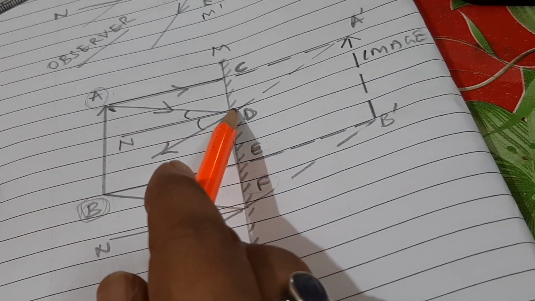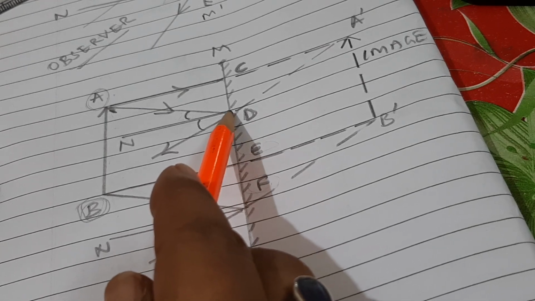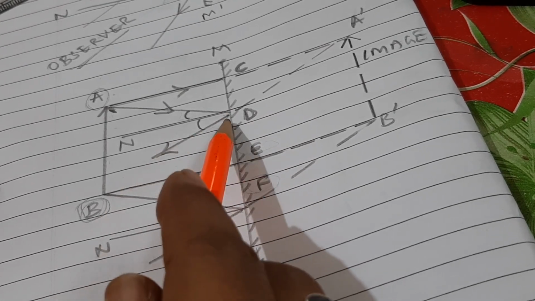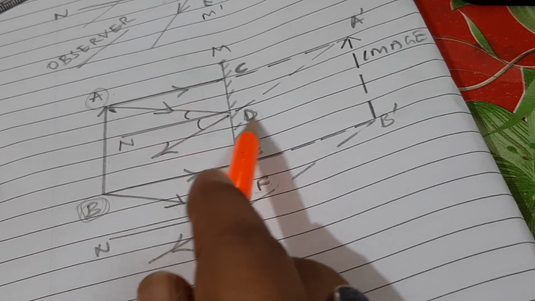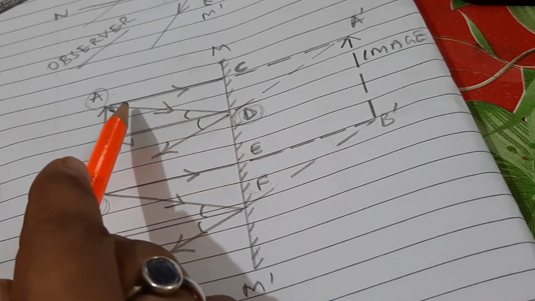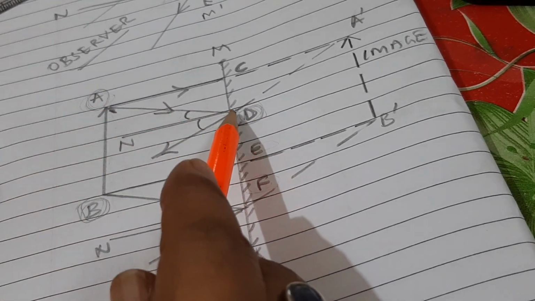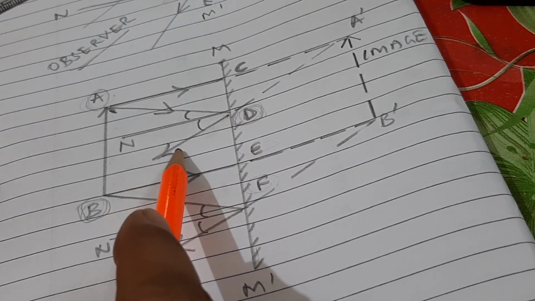We have also shown reflected rays which originate from the point of incidence and go in the opposite direction, away from the reflecting surface of the mirror. So here at point D, which is the point of incidence of the incident ray coming from the extended object point A, this reflected ray is shown in this direction.